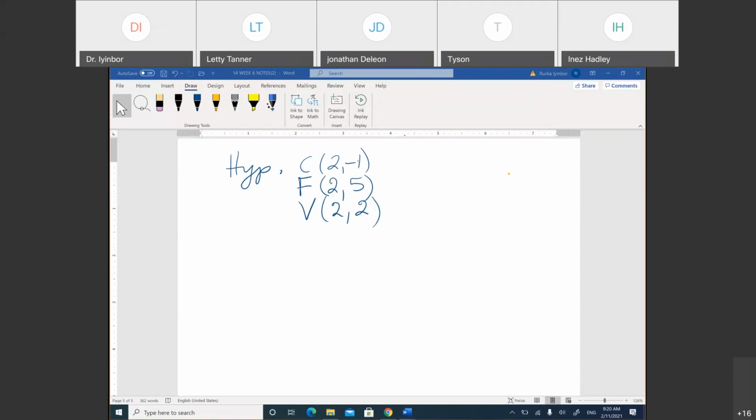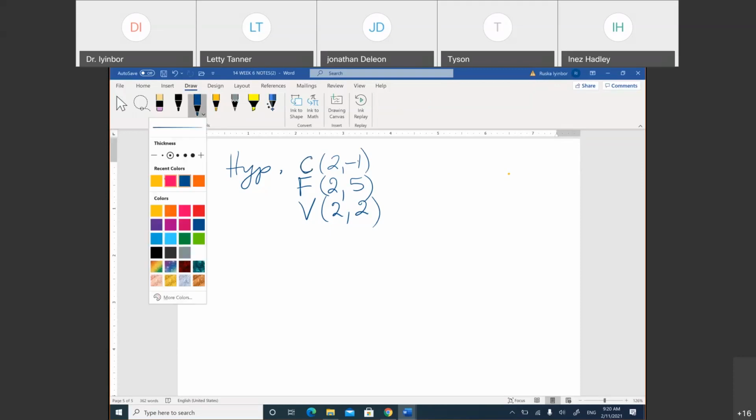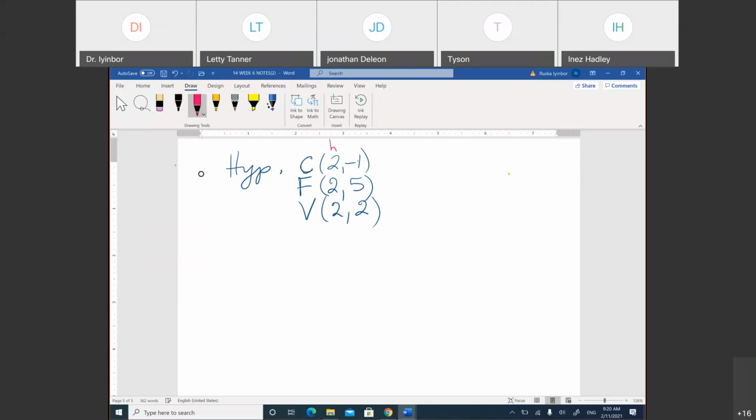Okay, so here we have another extra question we made up. We need to find the equation of a hyperbola. Let's say the center is at negative 2 and negative 1, focus at 2, vertex at 2 and 2. Looking at this, we have center h and k, right? It's not 0, 0, it's h and k.